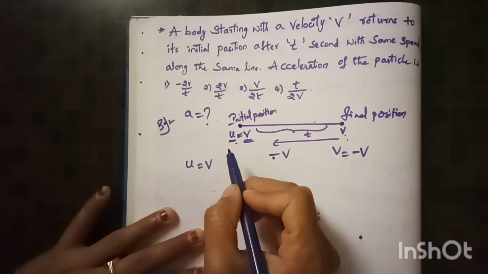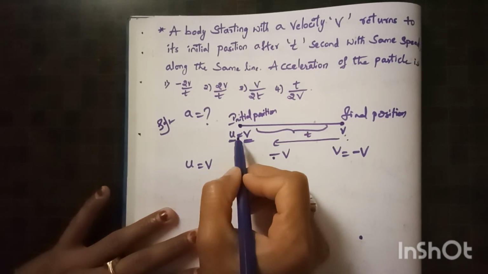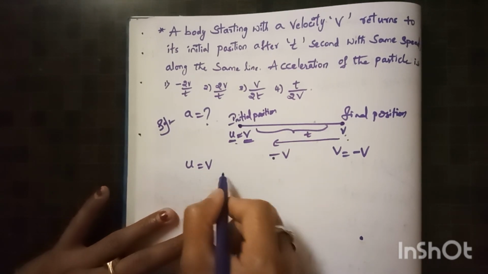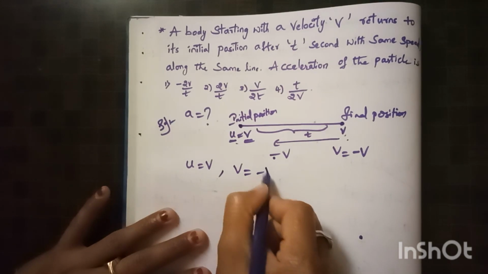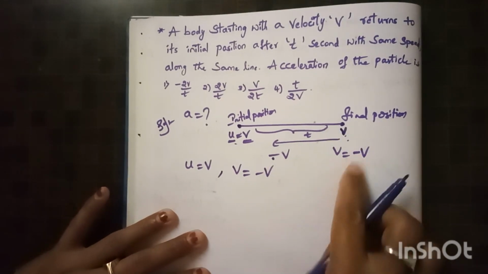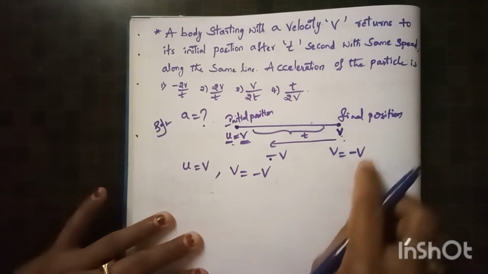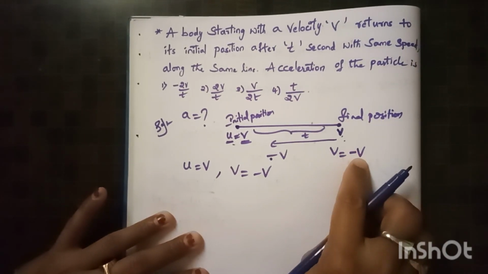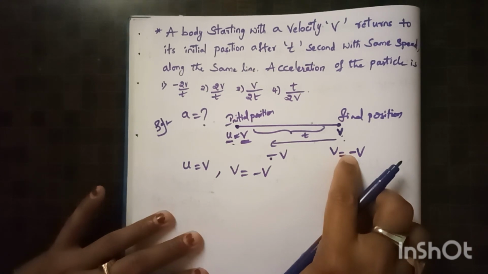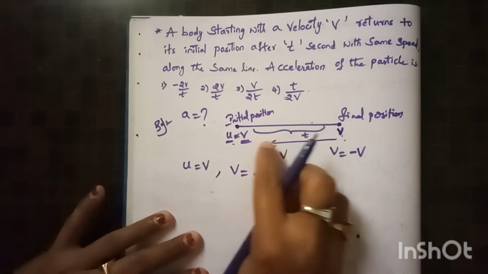As it moves forward it is positive, and as it returns it moves in the backward direction. So v equals minus v. Why am I taking minus v? Because it is returning with the same speed. Same speed means v, but the minus sign represents the opposite, backward direction.